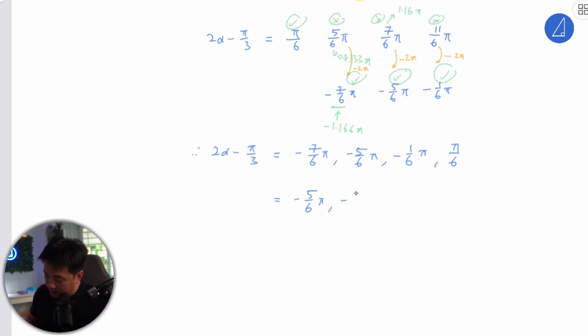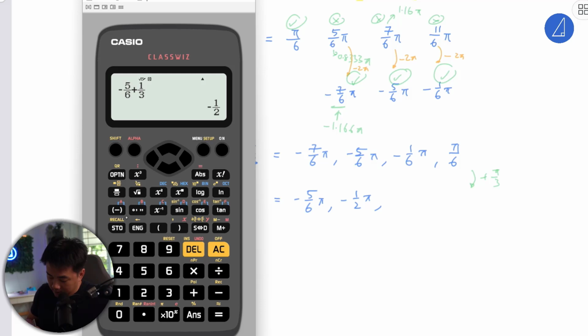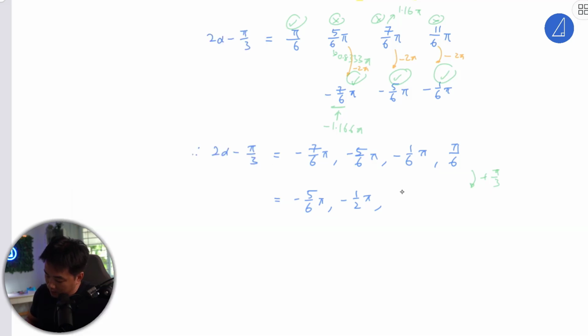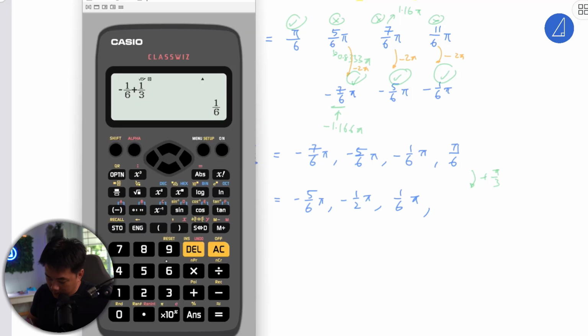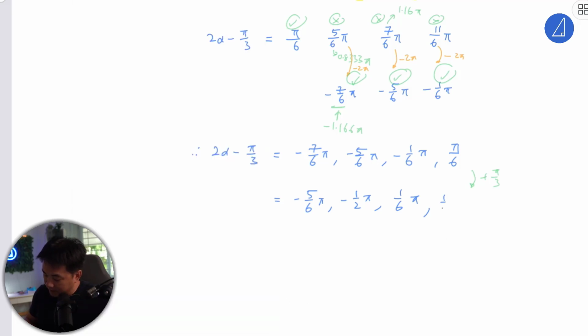That gives us minus half pi, plus pi over 3 throughout. Then minus 1/6 plus 1/3, to be 1/6 pi. Then this will be, it, half pi. There you go. Okay, so 2 alpha.